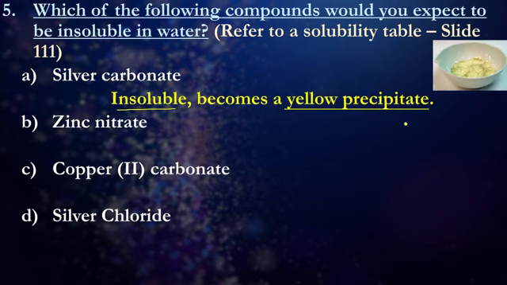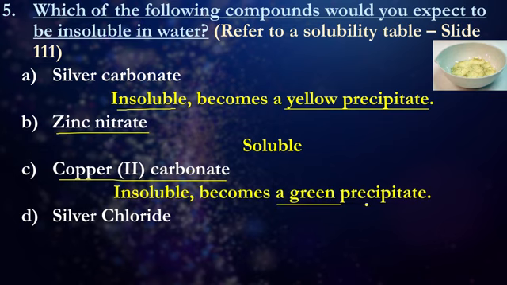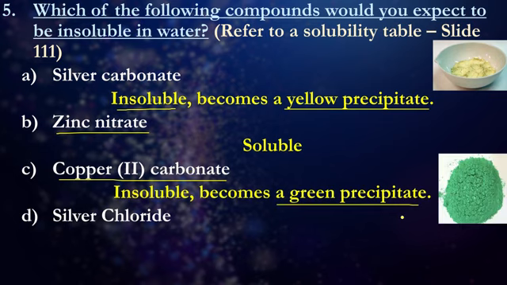It looks something like this. Zinc nitrate, anything that's a nitrate is soluble, so it's just a transparent solution. So it will look completely transparent or some kind of transparent liquid. Copper 2 carbonate is insoluble and you get a green precipitate forming like so.